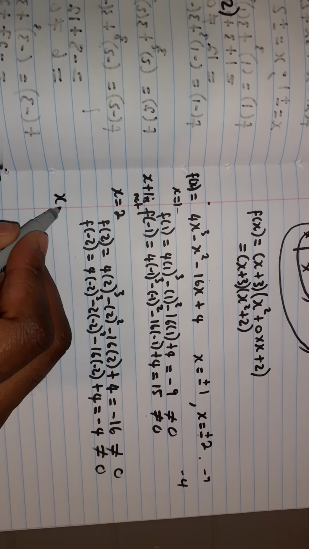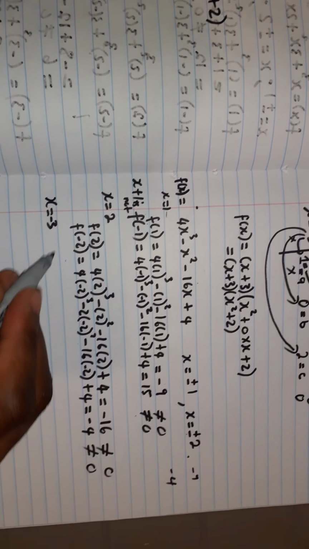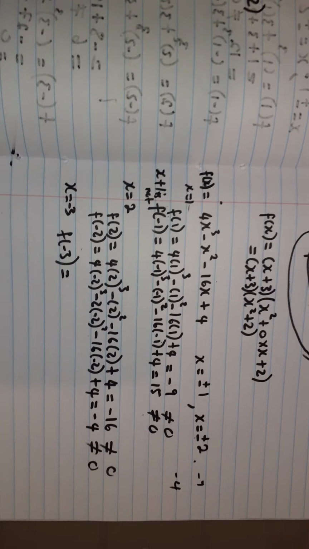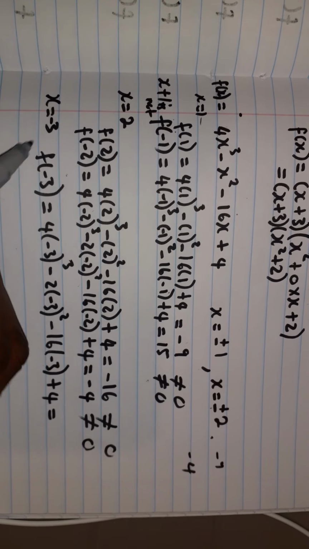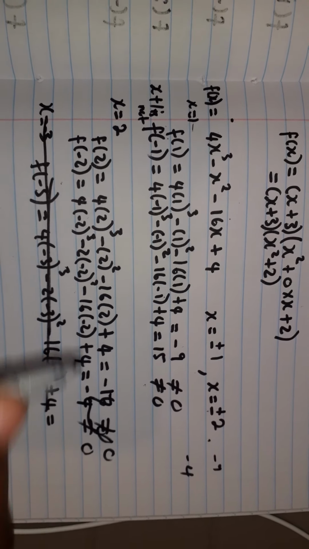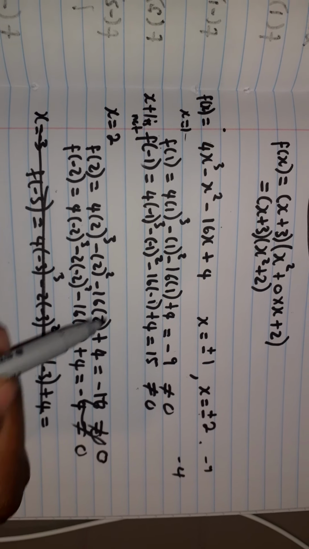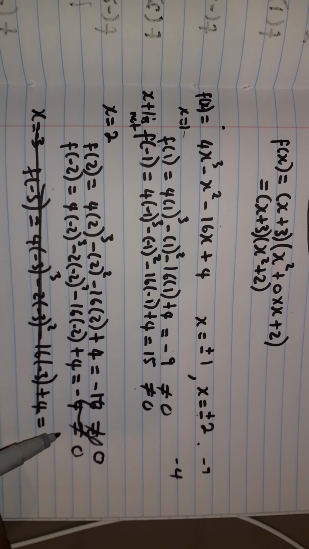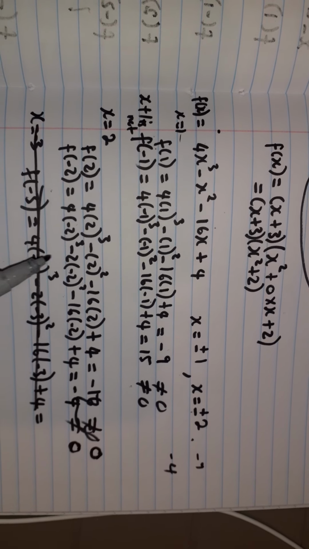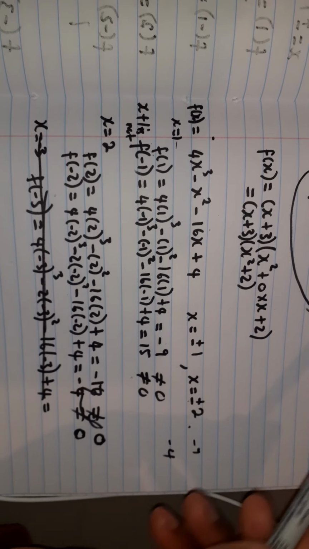So let's try x equals, say, negative 3. Then when we substitute 2 or negative 2, they will both give you 0, which means both of them are factors.